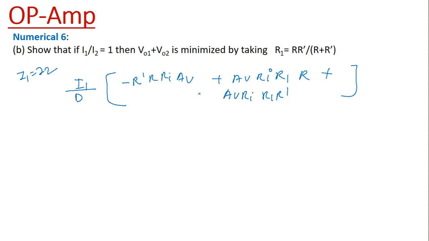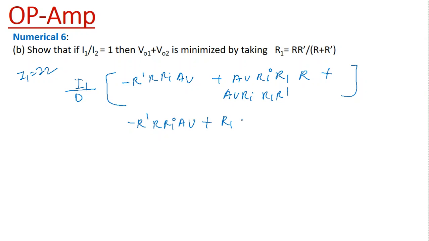Now we put R1 is equal to, from this equation, R1 is equal to minus R dash R Ri AV. So from this equation we take out R1 common.